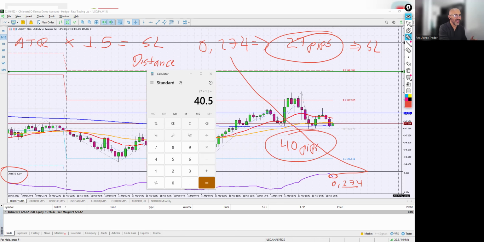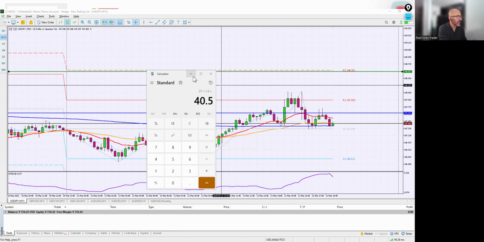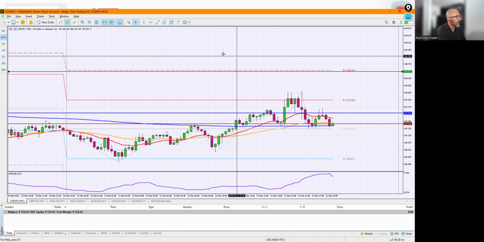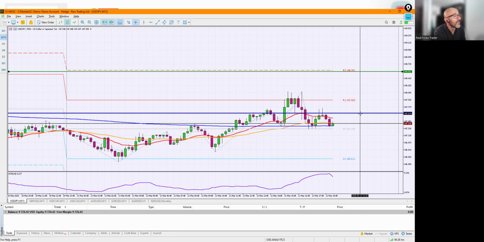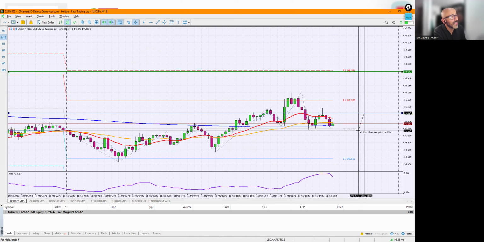Okay, so let's see how we calculate it here. So now I set my crosshair tool here from my entry point, drag it down 40. 40 pips is here, on the price 147.238. All right.